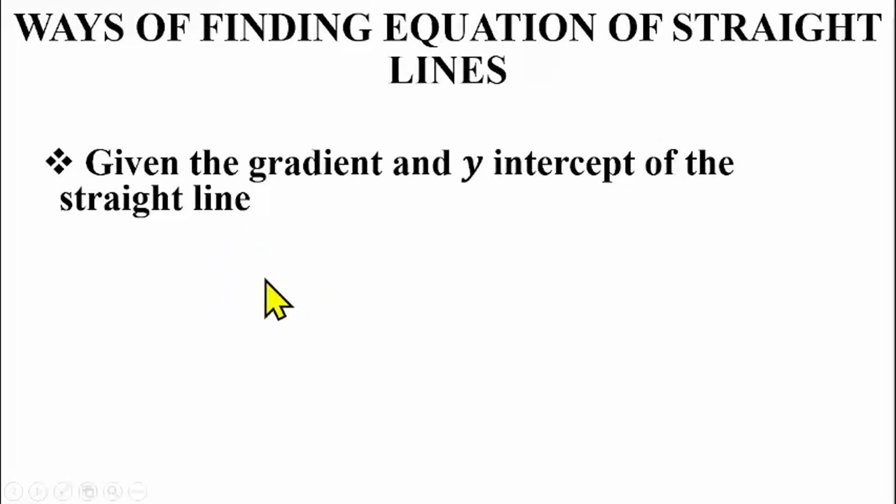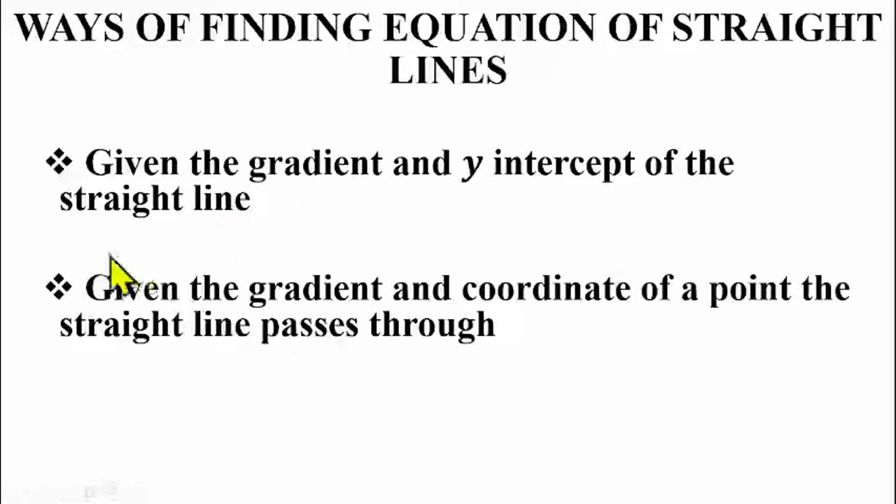You can also find the equation when we are given the gradient and the coordinate of one point that the straight line passes through.